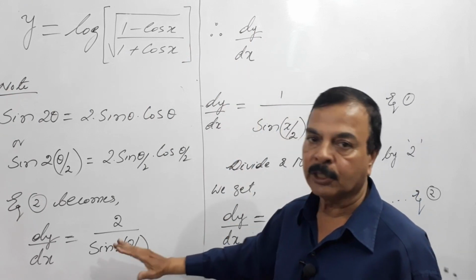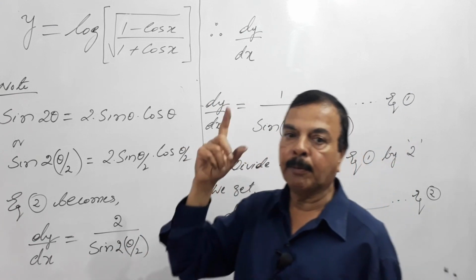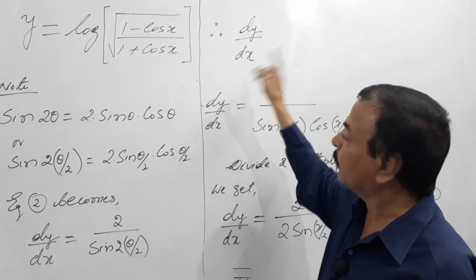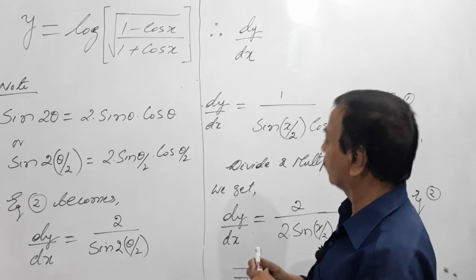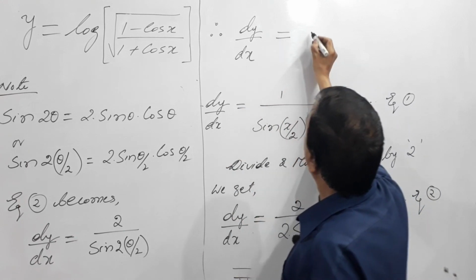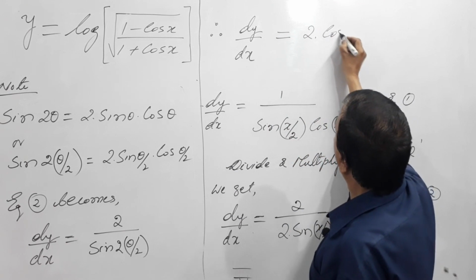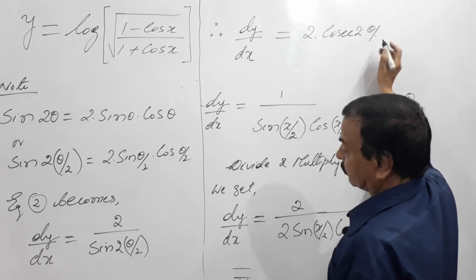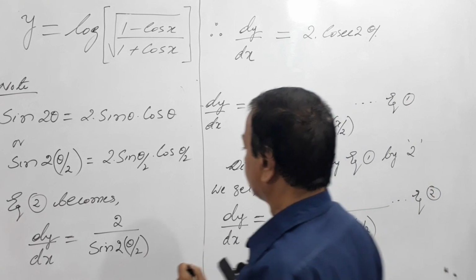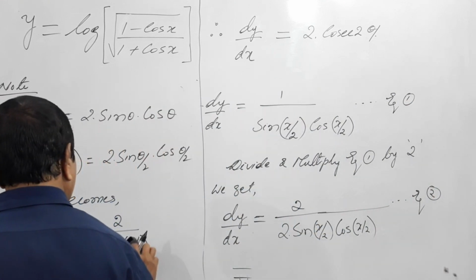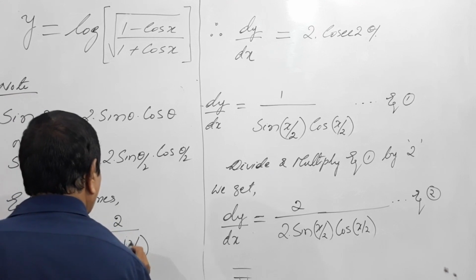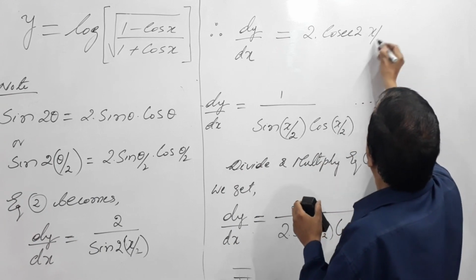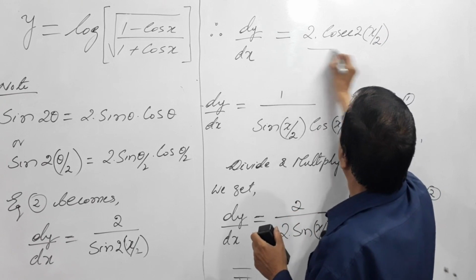Prove that this equals 2 cosecant 2x. So this becomes 2 into cosecant of x; all these problems are in terms of x, so replace theta by x.